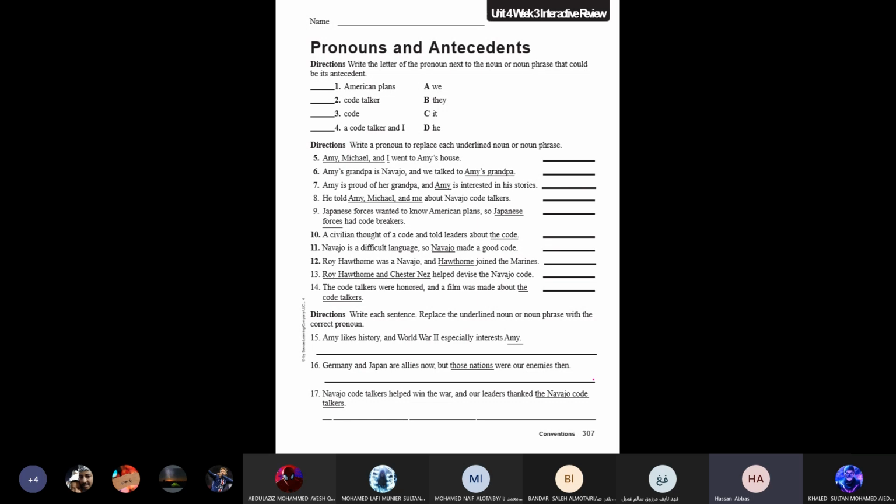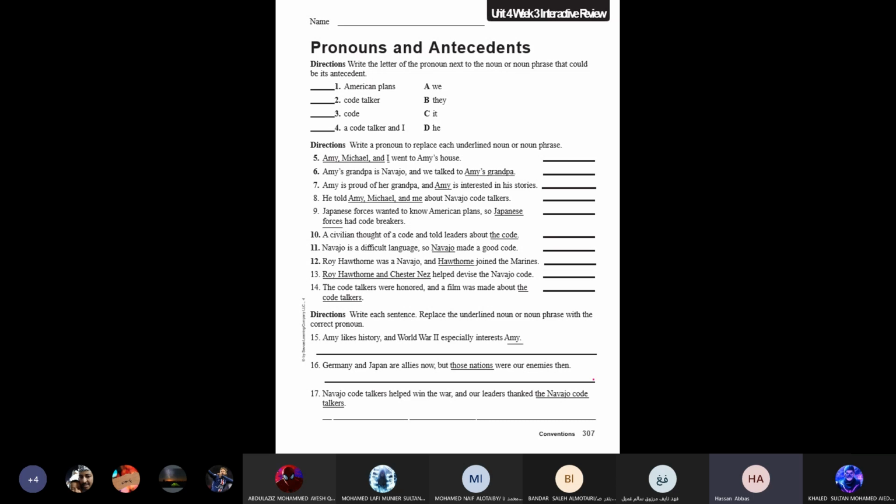Number 14. Read the sentence. Is this beginning or mid or end? End. That means we need an object. Is the code talkers singular or plural?